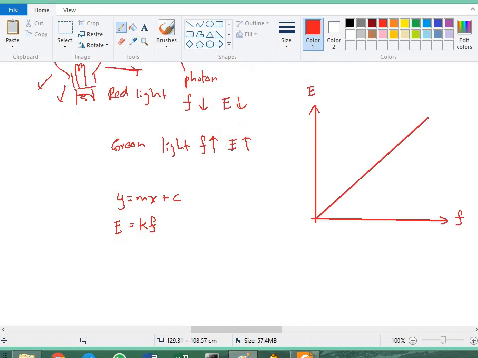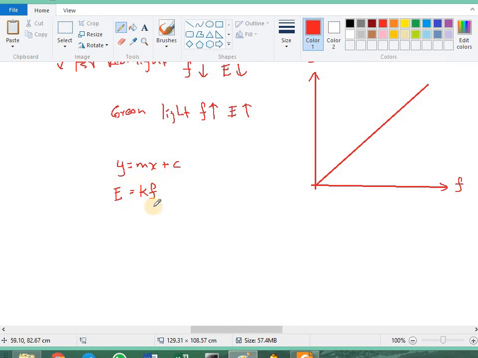From this equation, this constant k is a very, very, very small number, 6.63 times 10 to the power of negative 34. The unit is joule second.